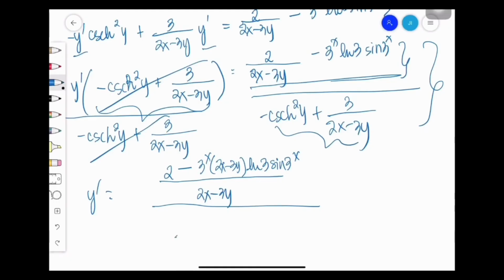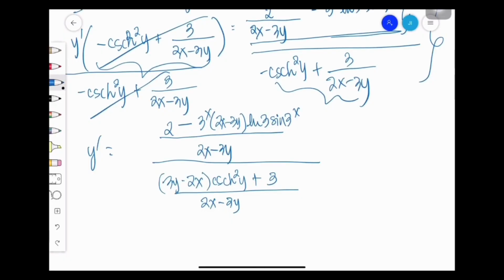All over, let's combine. We'll have again an LCD of 2x minus 3y. Then the numerator is negative quantity 2x minus 3y, or 3y minus 2x, hyperbolic cosecant squared y plus 3.